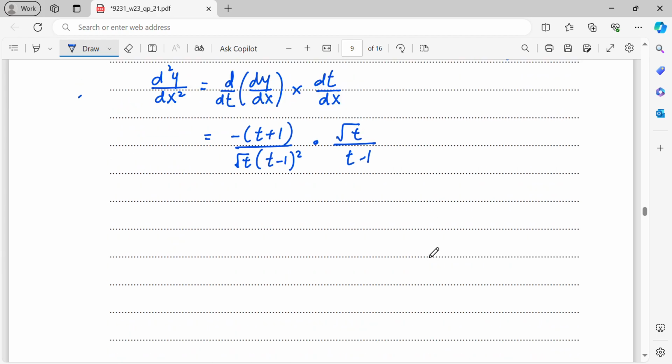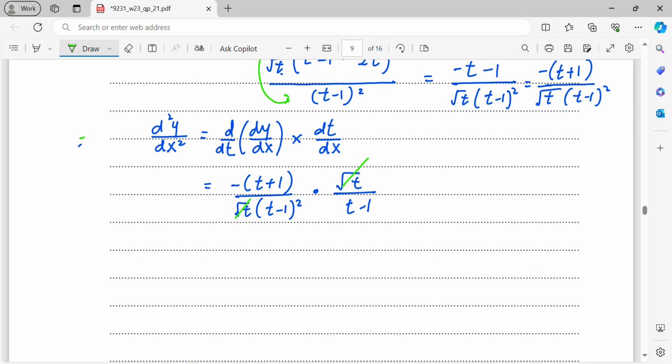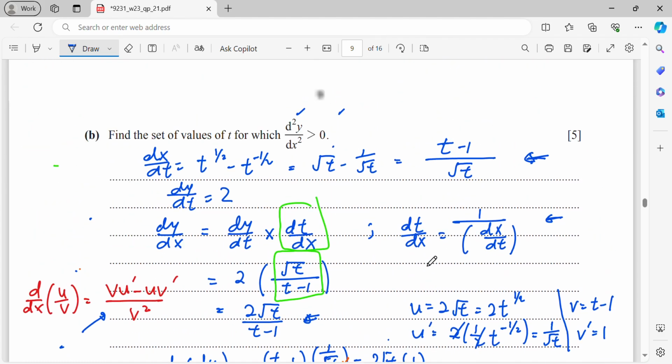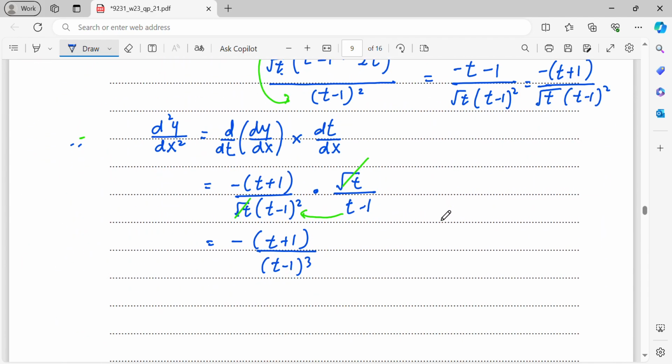Okay. Then now the square root t can be cancelled off. So these two terms combine, then I will be getting equals to negative of (t + 1) over (t - 1) cubed. And now we are solving the second derivative greater than 0. So d²y/dx² greater than 0.